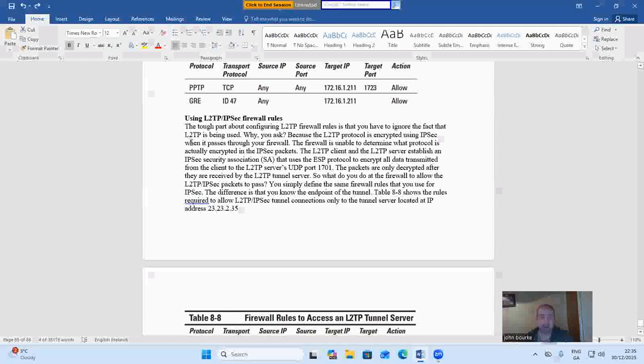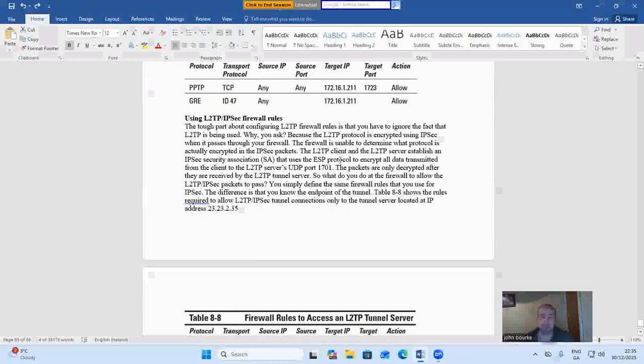ignore the fact that L2TP is being used. Why, you ask? Because the L2TP protocol is encrypted using IPSec when it passes through your firewall. The firewall is unable to determine what protocol is actually encrypted in the IPSec packets.